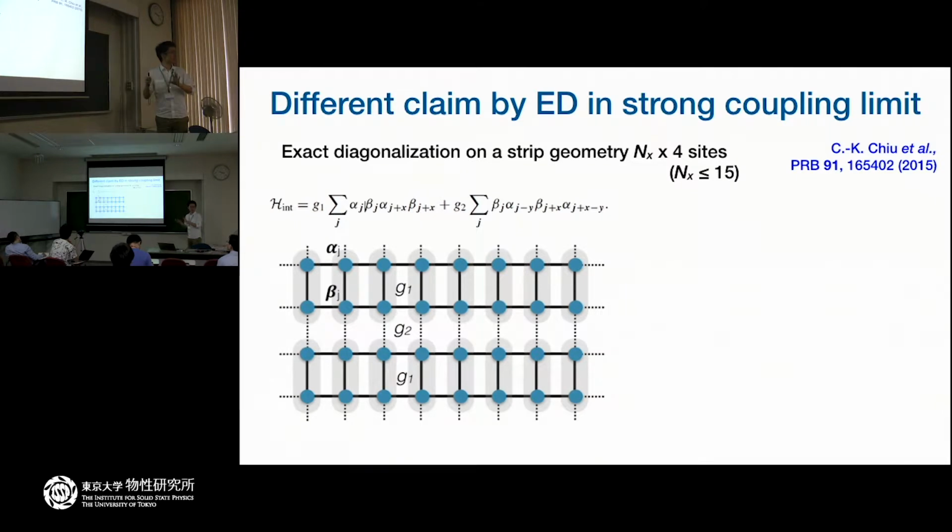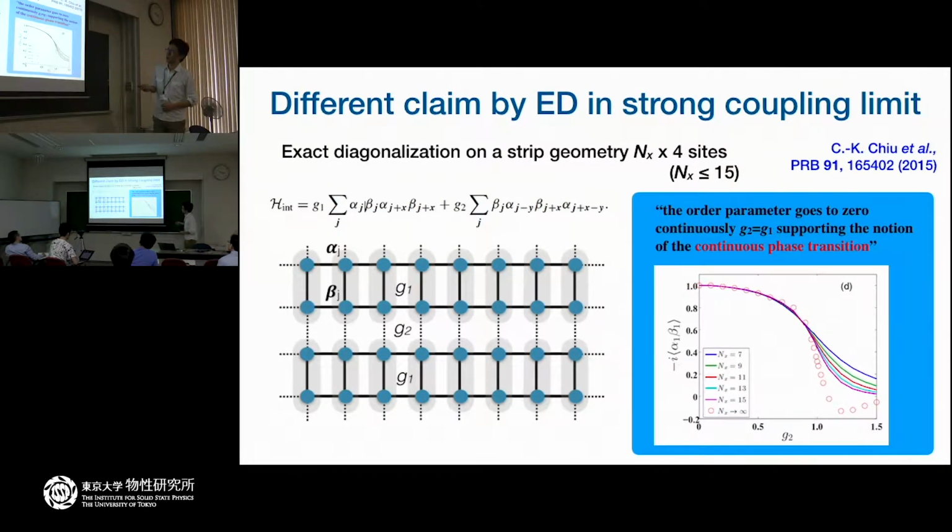There are some hidden symmetries, so they can reach this relatively large system size. They worked strictly in the strong coupling limit. They forgot about the hybridization term, because the same authors claimed that by tuning the gate potential of the surface, we can realize the strong coupling Hamiltonian. They also introduced some artificial modulation between two plaquettes on even rows and odd rows.